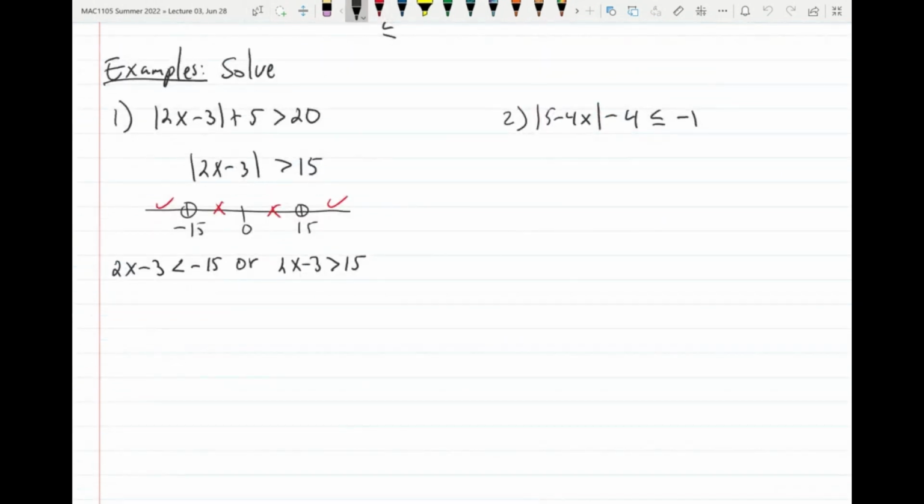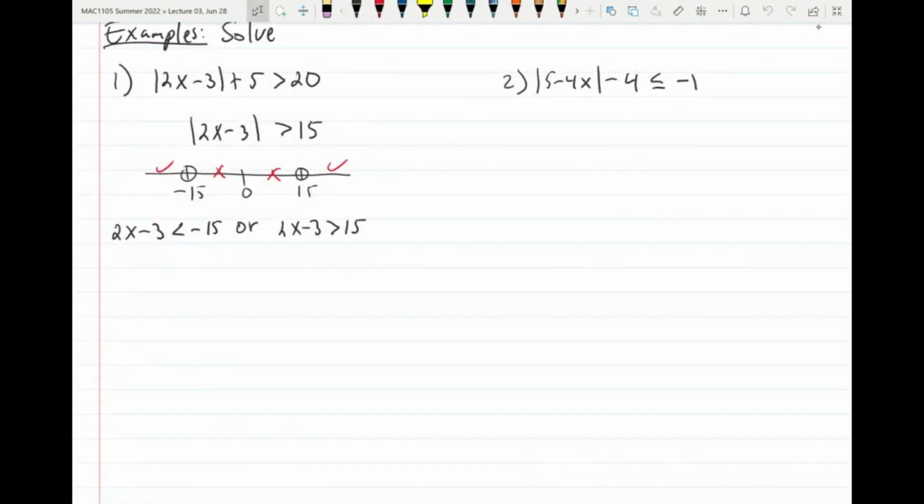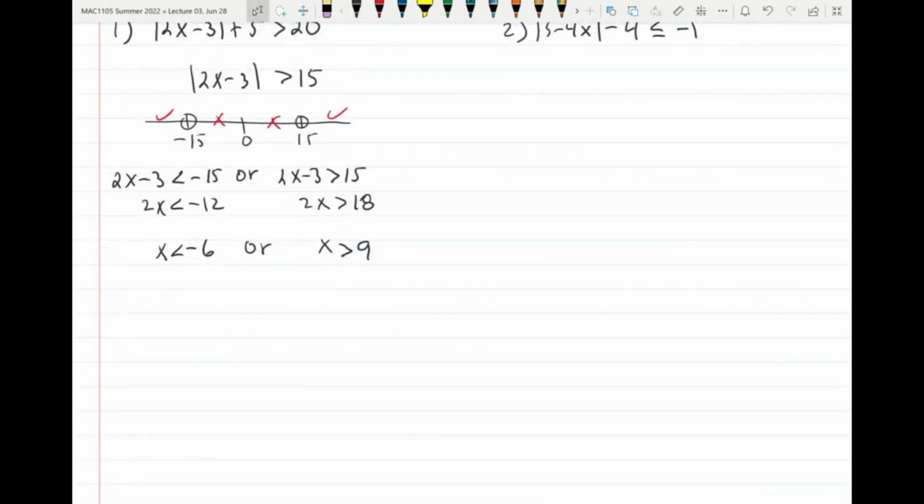And now we solve this as usual, as we were talking before. So this would be, what is this? Negative 12. So we have x is less than negative 6, or, so that would be 18, x is greater than 9. And now let's draw a picture.